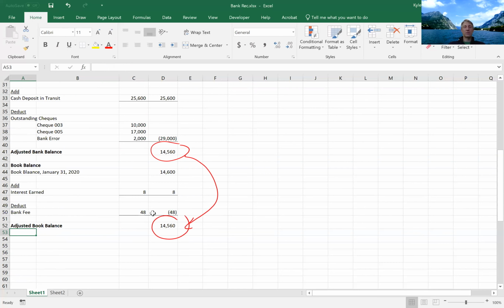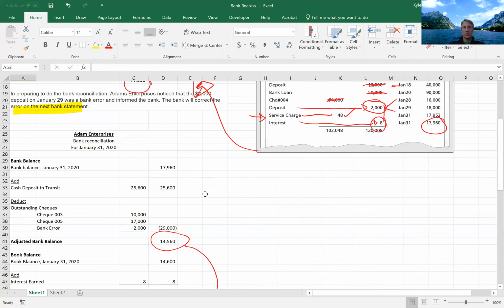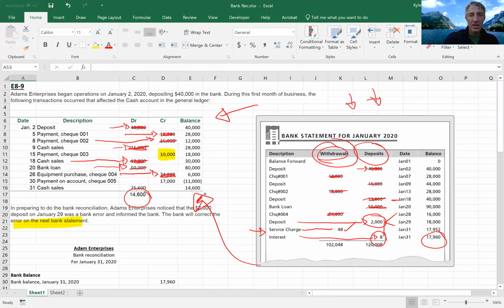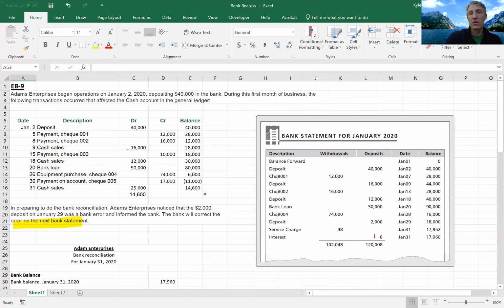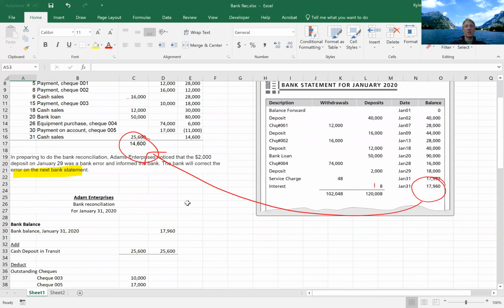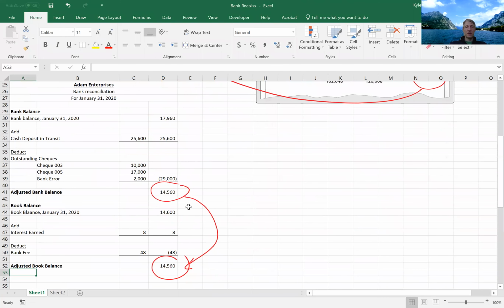So we can account for the differences between what our ending cash balance was in the general ledger, so what was $14,600, and our ending cash balance as per what's in our bank, which was $17,960. So even though there was a difference between these two balances, we're able to explain why those differences exist. And we can do that easily if we populate a template that looks just like this.